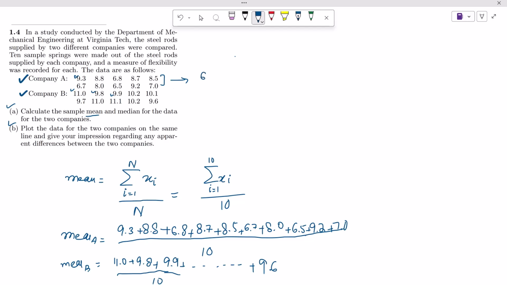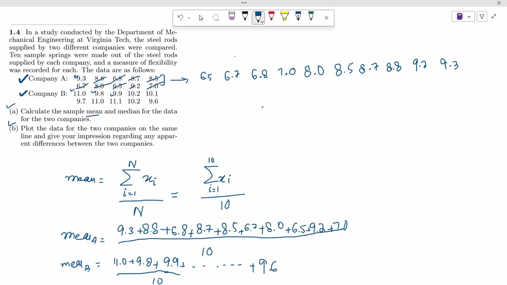Here the smallest of it will be 6.5, then the second smallest is 6.7, then 6.8, then 7.0, then 8.0, then 8.5, then 8.7, then 8.8, then 9.2, and the remaining one is 9.3.